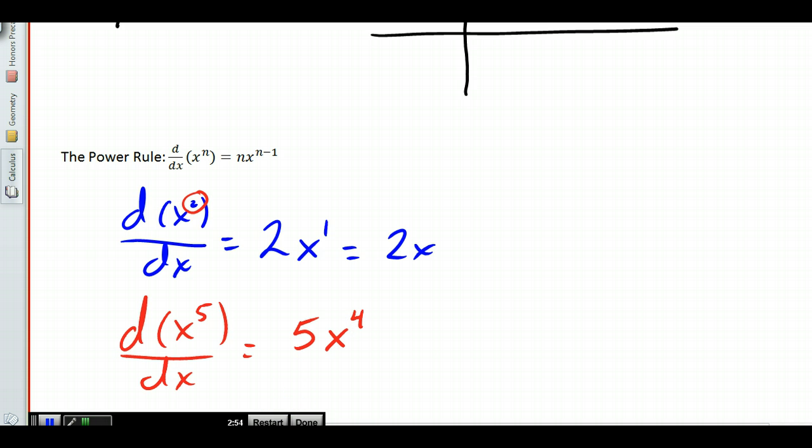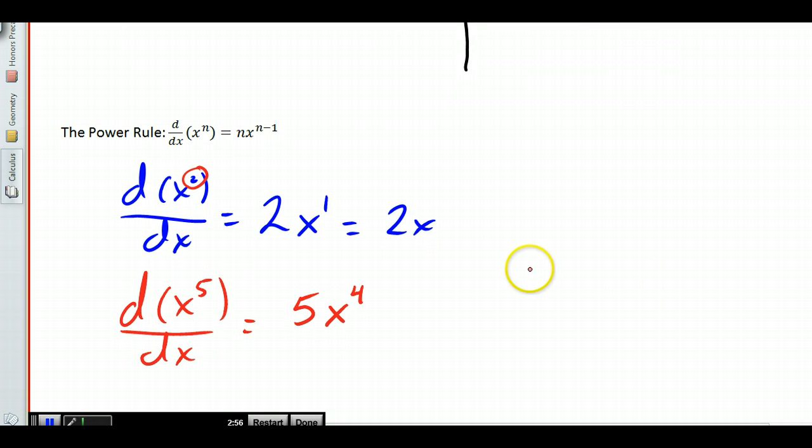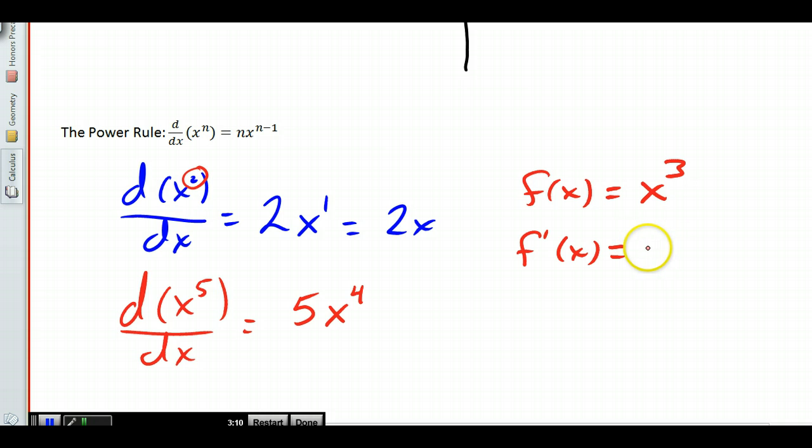That's the rule. That gives you the derivative. Now some notation. If I told you that f of x was x cubed, and I said find f prime of x, f prime of x is just another way of asking for dy dx. And so you would say f prime of x is 3x squared.